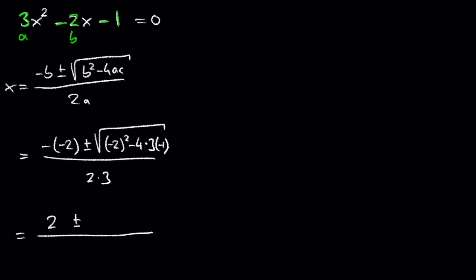2 plus minus 4 minus times minus is plus 12 and 6. 4 plus 12 is 16 and the square root of 16 is 4.